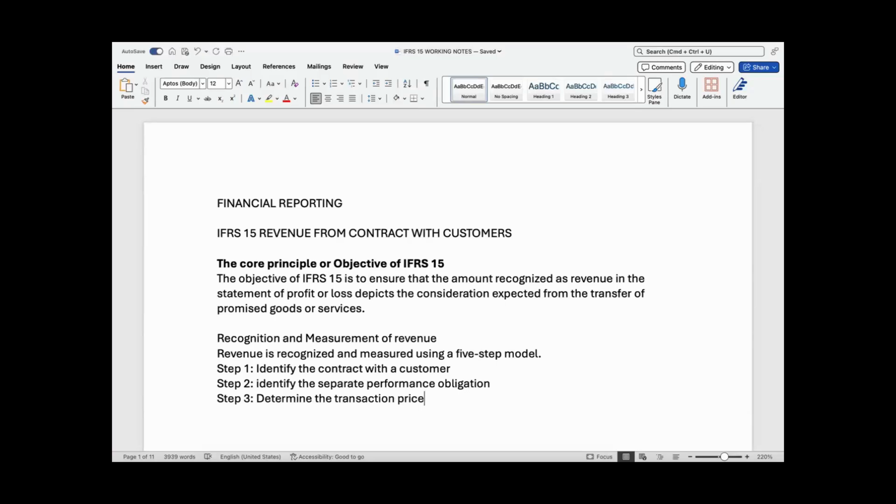Step 4 talks about allocate the transaction price to the separate performance obligation.